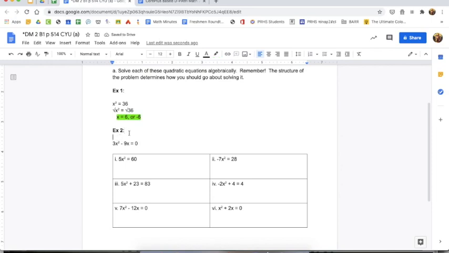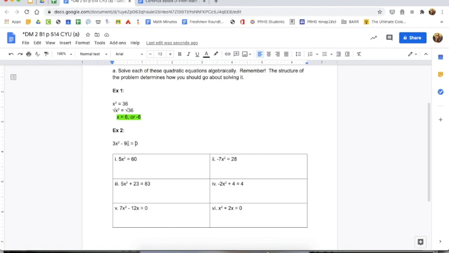Now, that's one type of problem. The other type of problem might look like this one, and there's a different way of solving this. Since this problem has a bx term in it, where b equals negative 9, but no constant, in other words, c equals 0, then we don't need to take the square root of both sides.